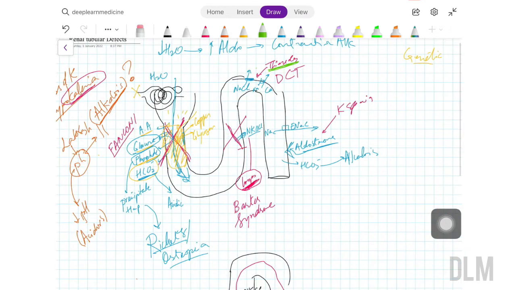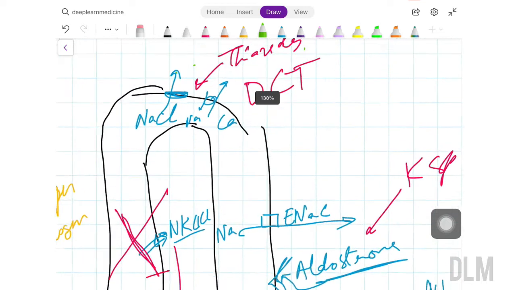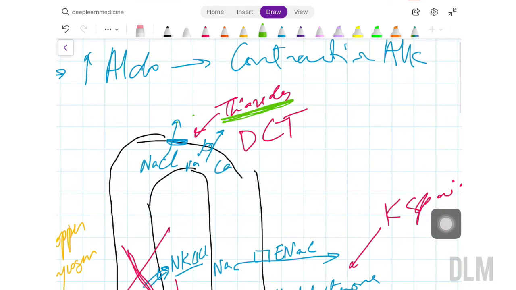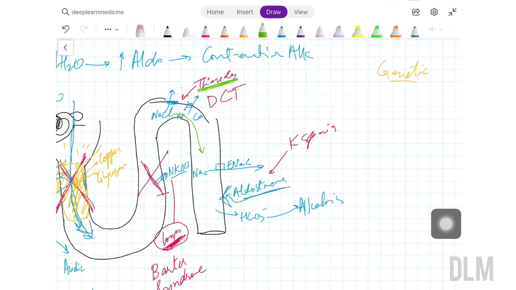So whenever you're using thiazide, what happens is that you don't reabsorb sodium and chloride, and they get excreted into the urine, pulling along water. Also, another common feature of thiazide and this disorder is that they both cause increased reabsorption of calcium, right?